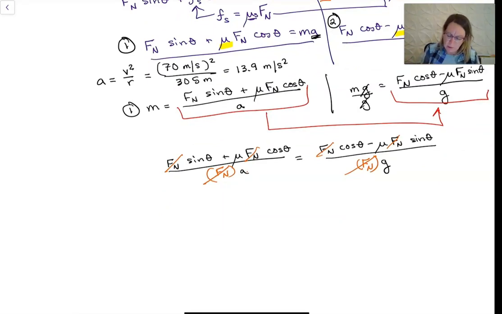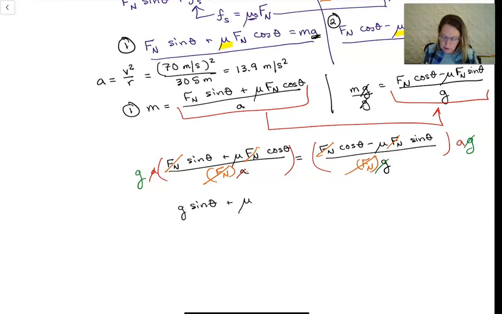So I'll multiply this side with an a, which will multiply this side by an a. And then I'll multiply this side by a g to cancel that there, which means I need to multiply this side by a g. This a cancels.